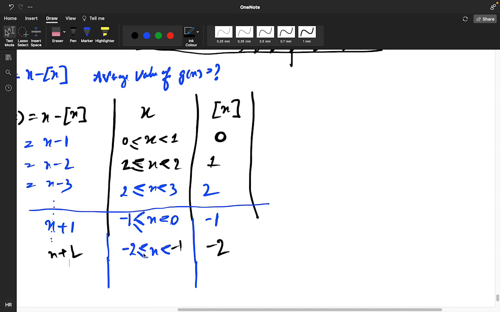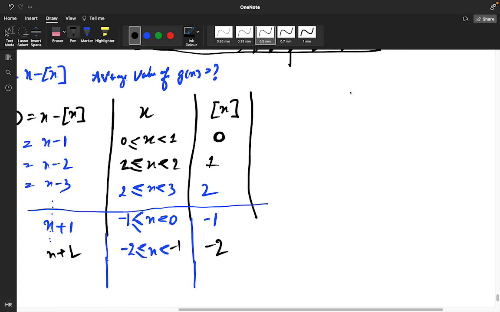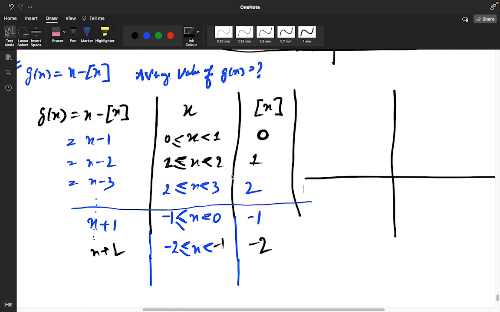So how will you draw the graph? This is your curve. What is the equation of x minus 1? y is equal to x minus 1. How will it look? This is your 1, 2, 3, this is minus 1, minus 2, minus 3.